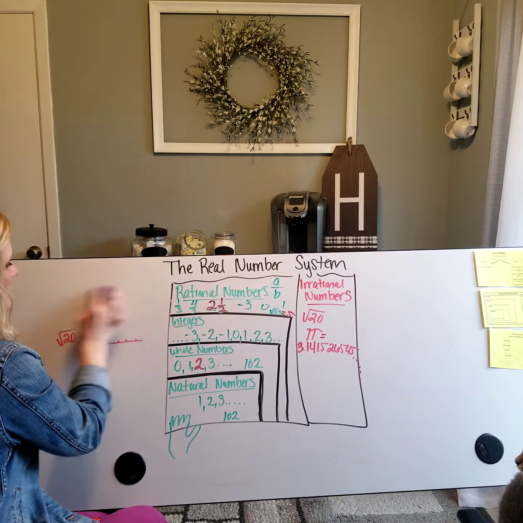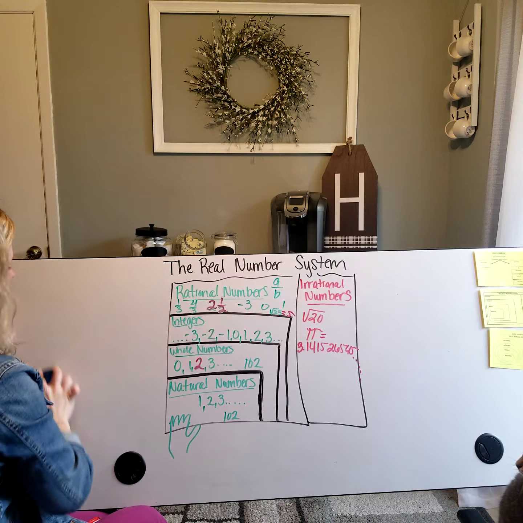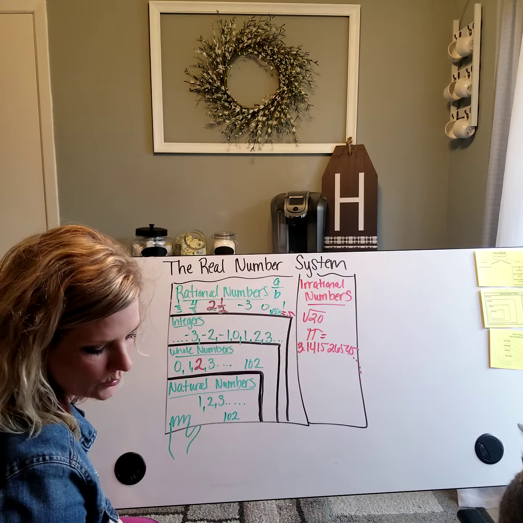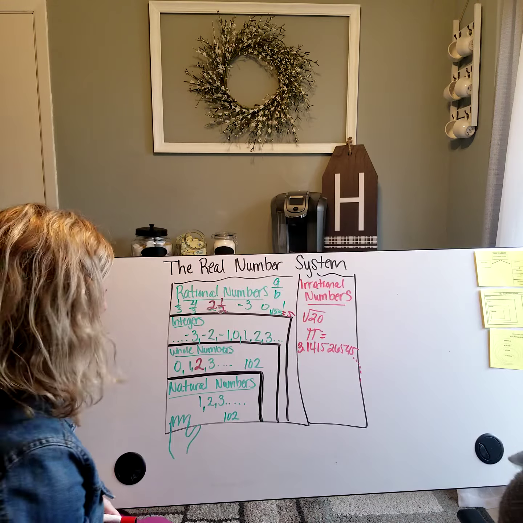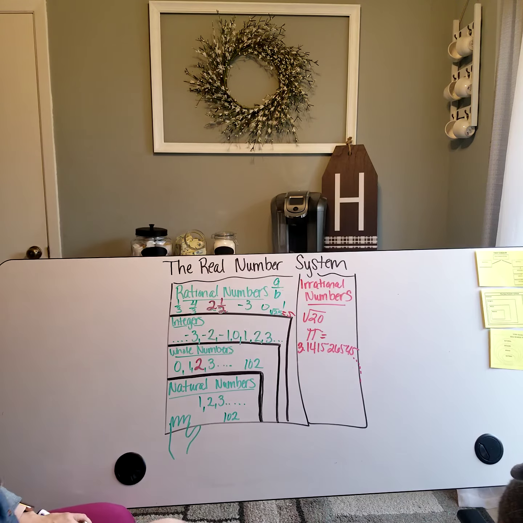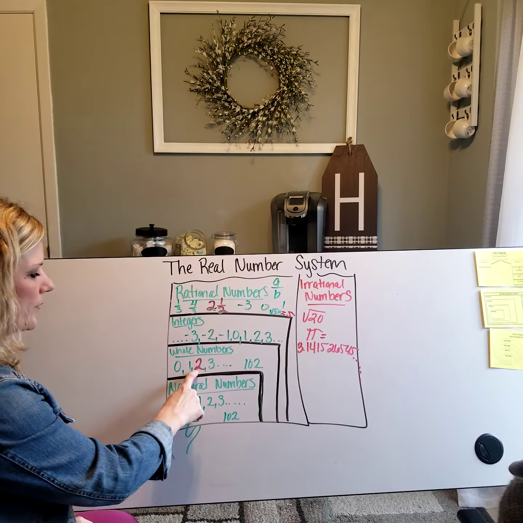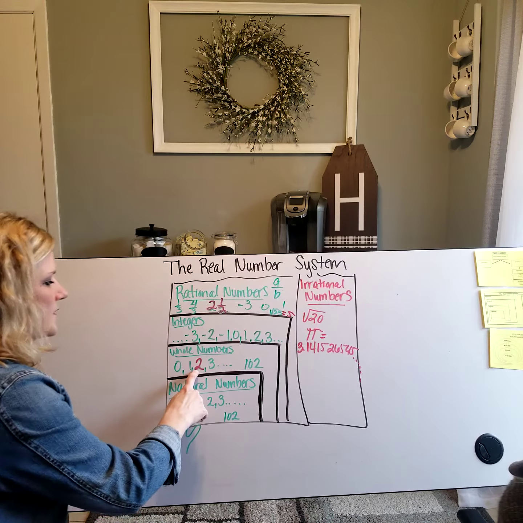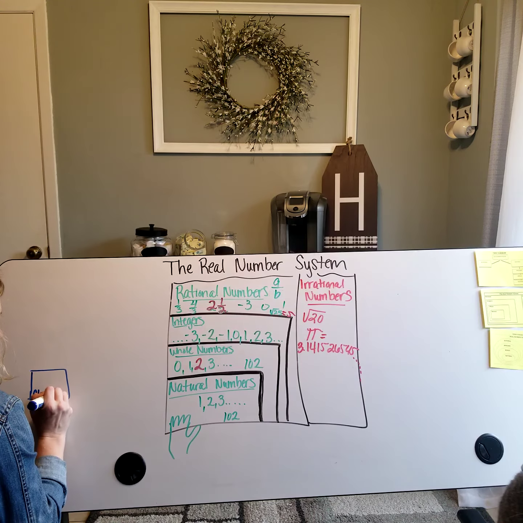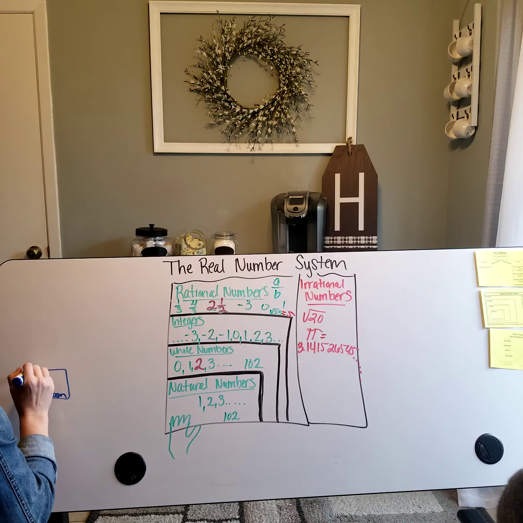So that's just a brief thing about rational and irrational. But let's think about it in a different way, because sometimes we get confused over what's rational and what's irrational and why. Just like we said, 2 is a whole number, so it's also going to be an integer, rational, and real. But let's do a little real world example. Let's draw another one of these. This is going to be my classroom, and I'm quite the artist.